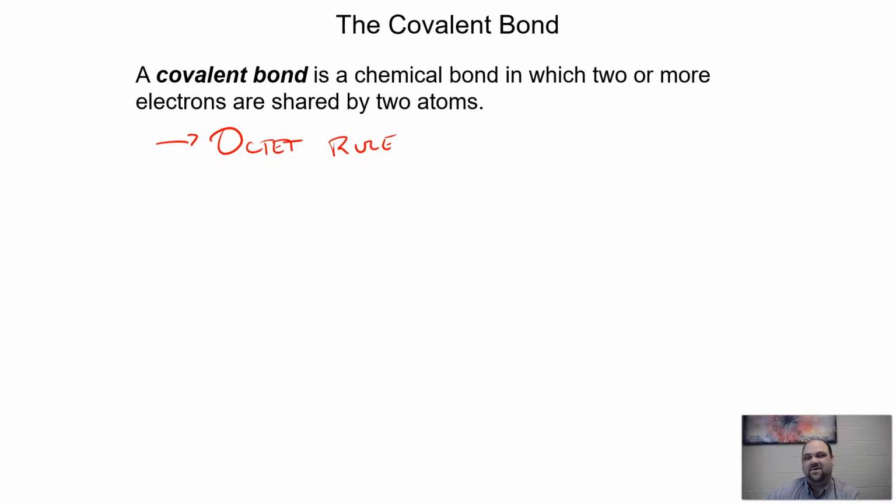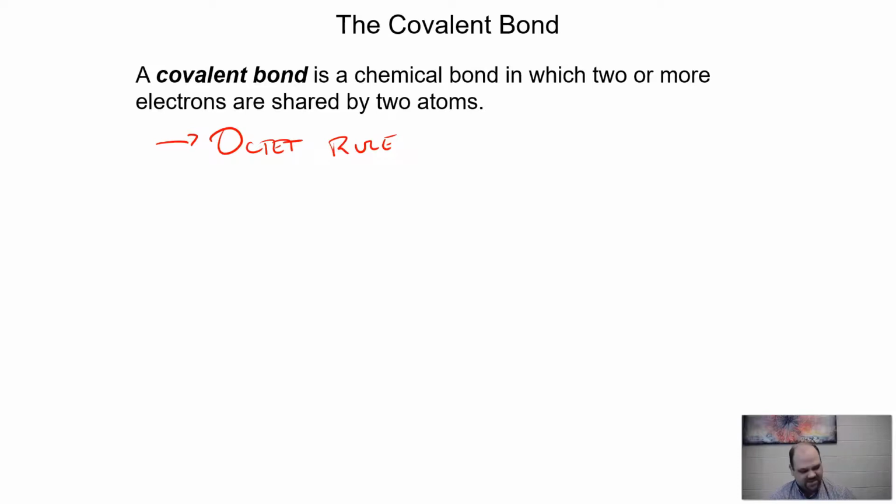If you think back to our periodic table, the first group has 1 valence electron, the second group has 2 valence electrons. If we jump all the way across to the noble gases, those noble gases have 8 valence electrons. Their valence shell is full.